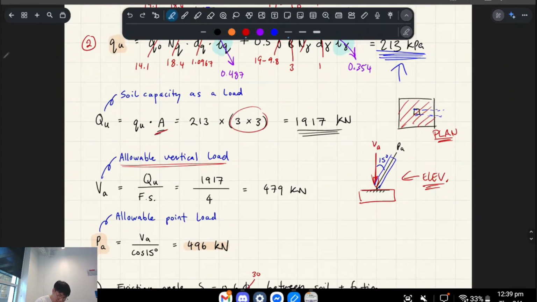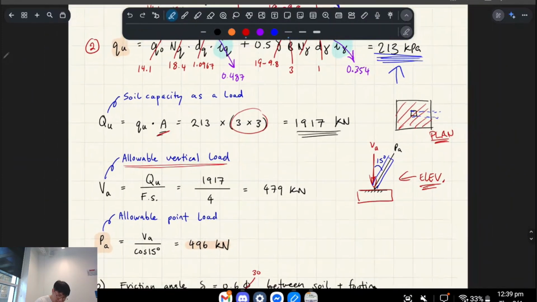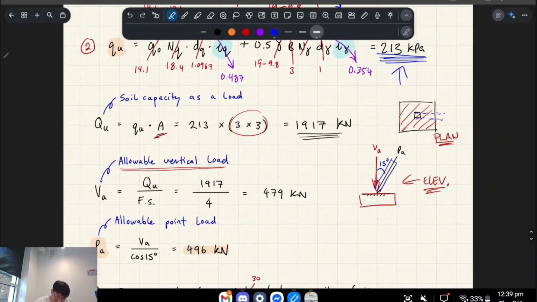Okay, let's draw it like this. This is QU, the soil's reaction to this force. That's vertical. The soil's reaction, even if it's an inclined load, is vertical. So this is this.